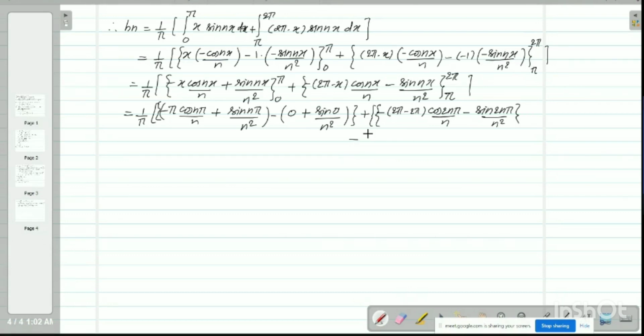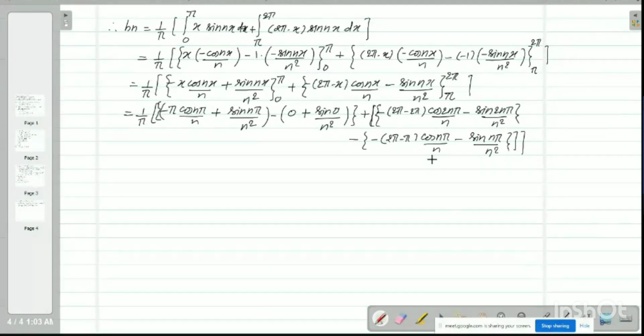So here will be 2 pi minus pi, cos n pi by n, and minus sine n pi by n square. Just close the brackets.